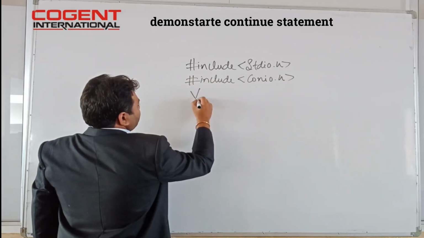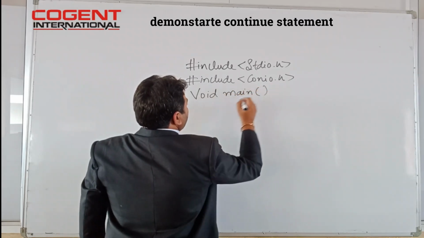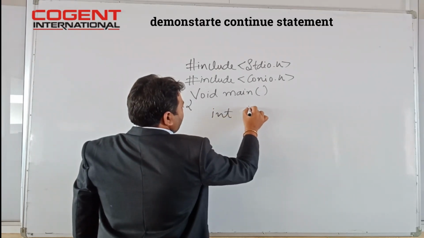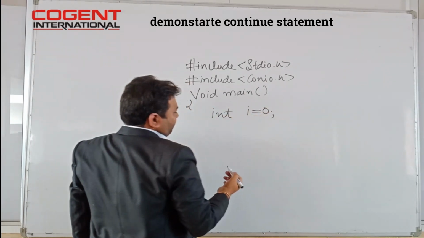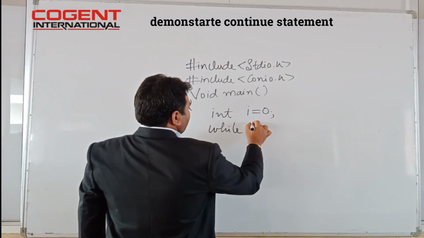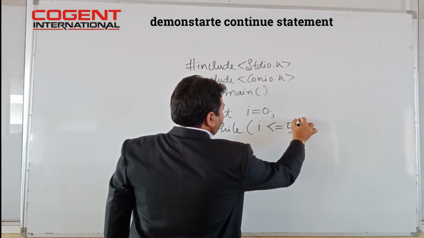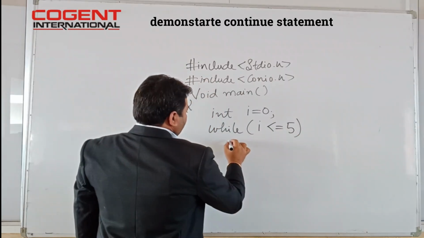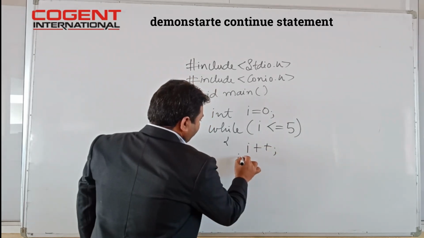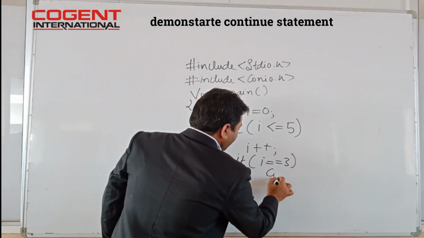Then the main function, which I'll declare with void main. Then I'll declare one variable and initialize it here itself. Then I'll include a while loop: while i is less than or equal to 5, then i plus plus, if i is equal to 3, continue.